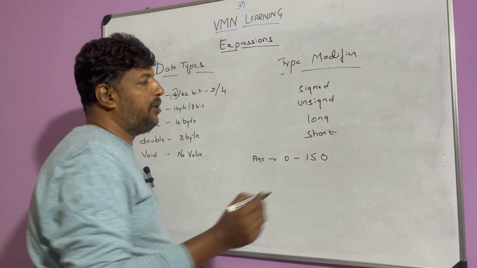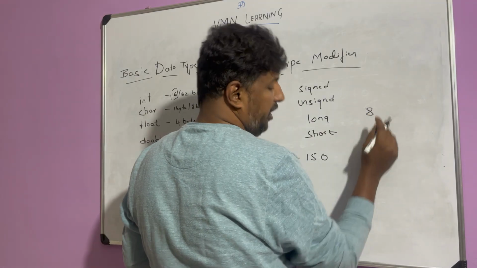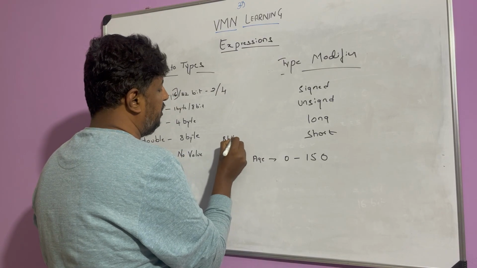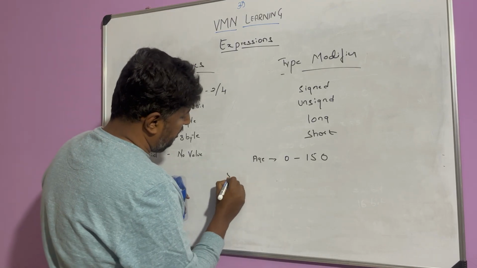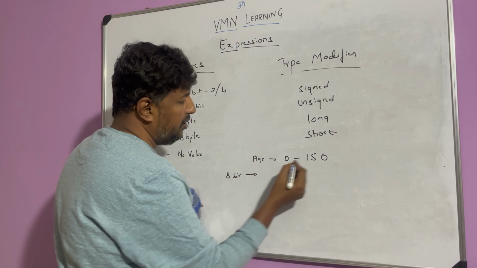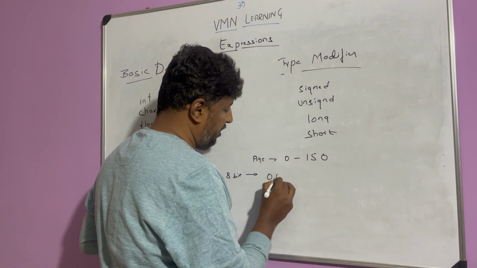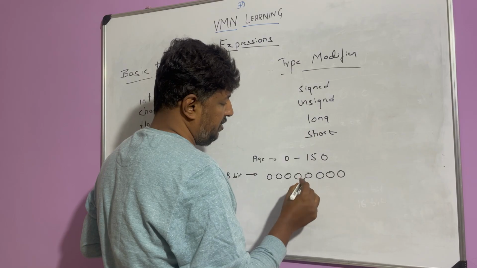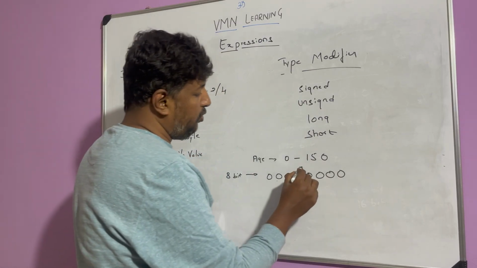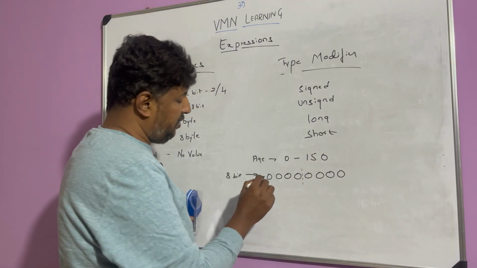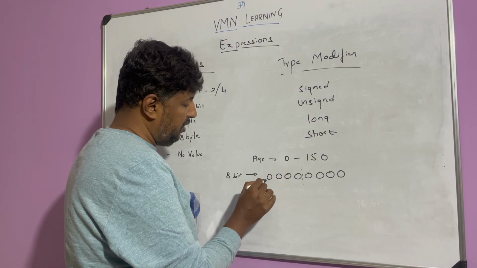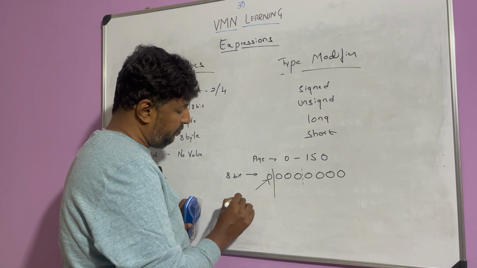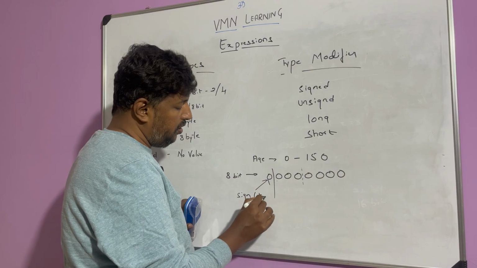So let's consider an 8-bit machine. An 8-bit machine has 8 bits, right? The first bit is always going to be used for your sign, that is positive or negative.